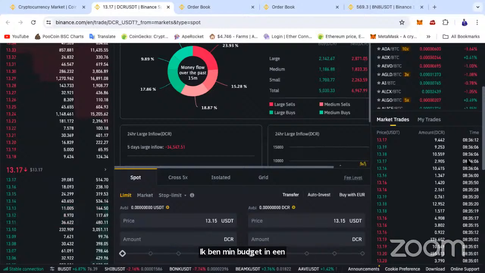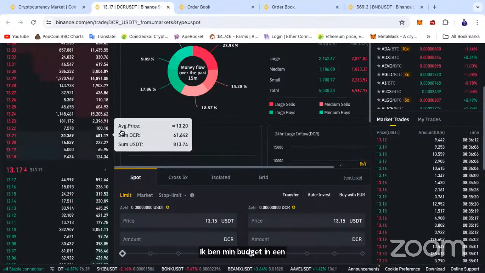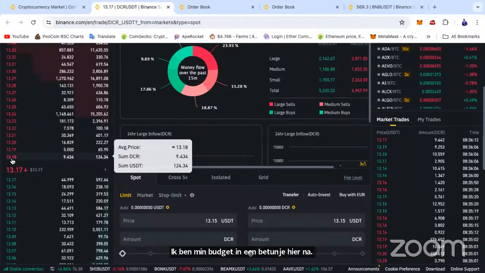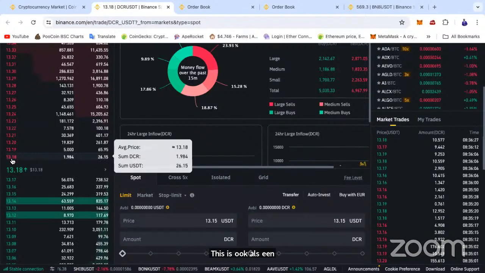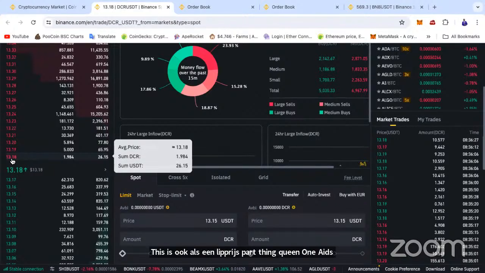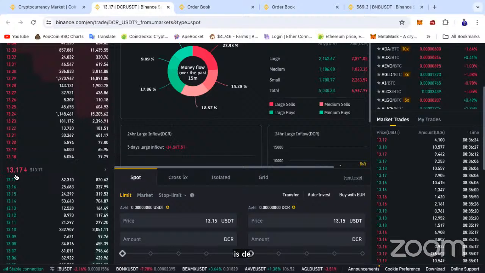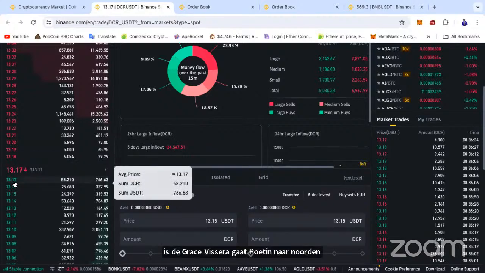Now, this is the price. Focus on the price. 13.18 is the price at which this seller has put in an order. 13.17 is the price at which this buyer has put in an order. These are just orders.